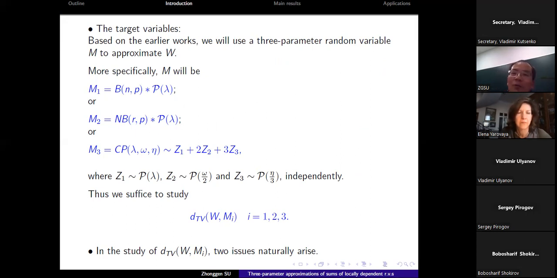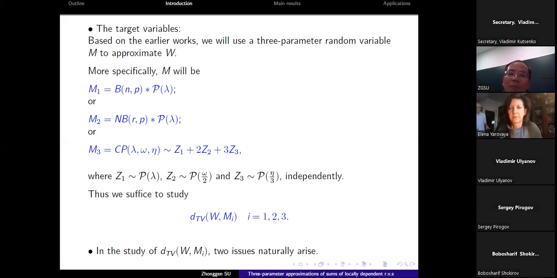That is, we want to adjust this parameter lambda to match W better. So the Poisson term is a small term.